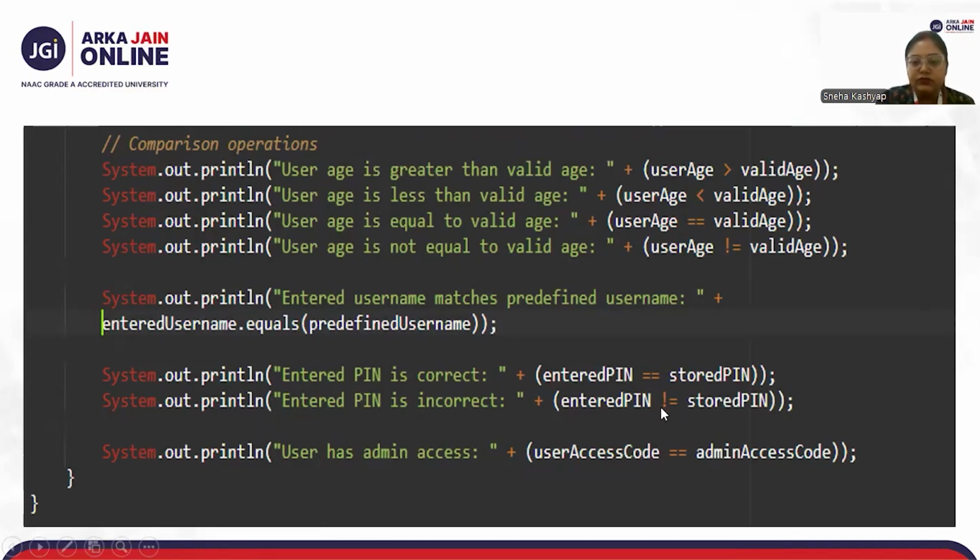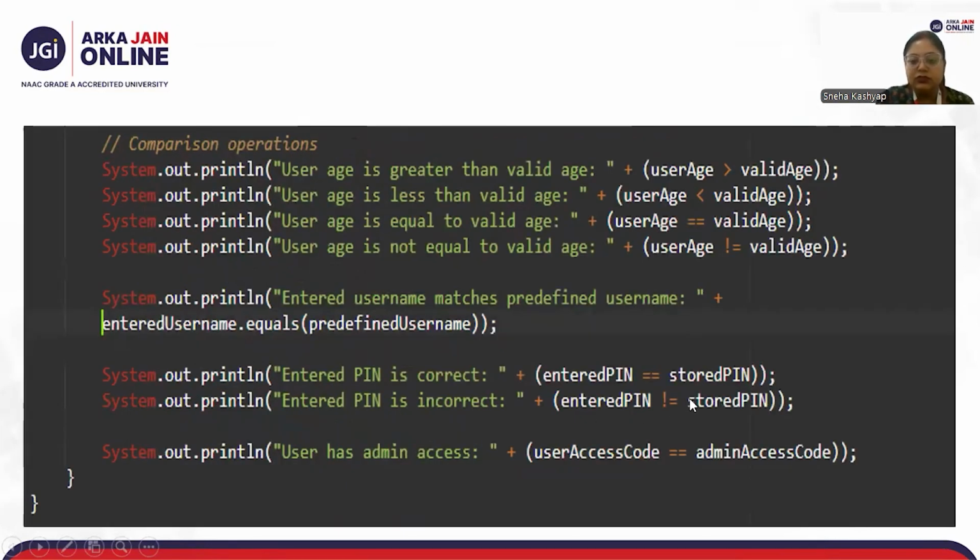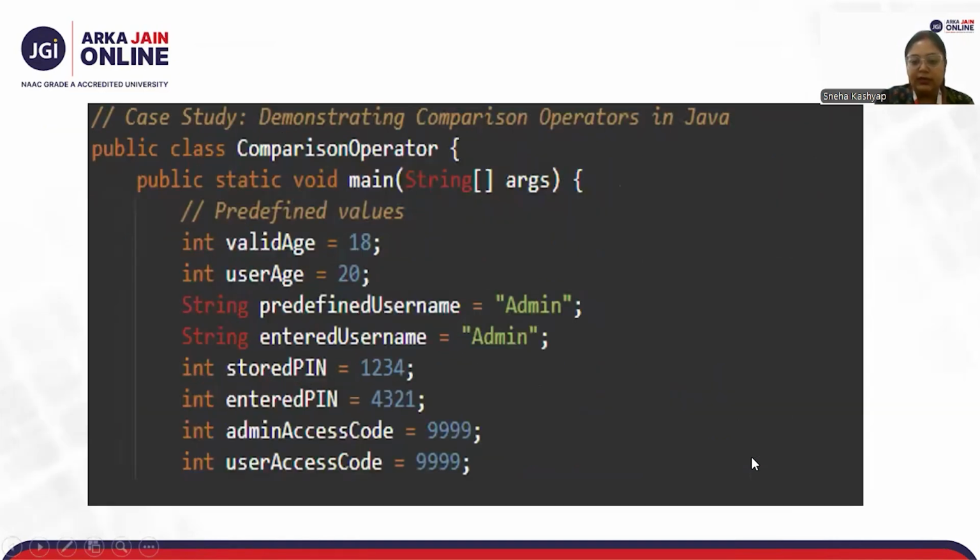Entered pin was 1234 and the stored pin was also 1234, so it is equal to the stored pin. The last one is user admin access, which is nothing but user access code is equal to admin access code. User access code was 9999, and admin access code was again 9999.